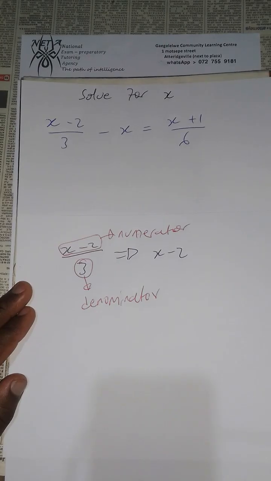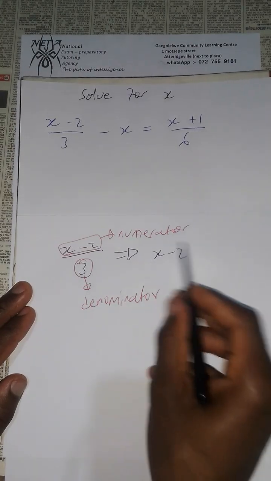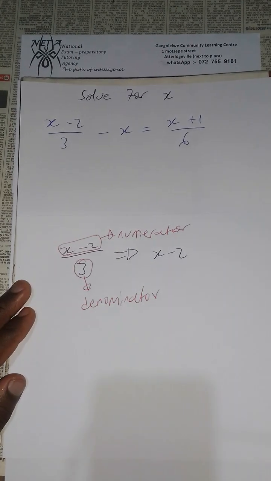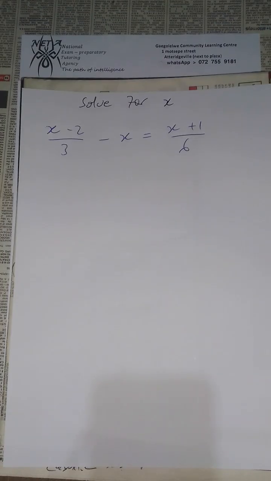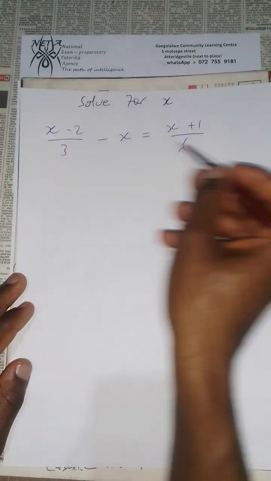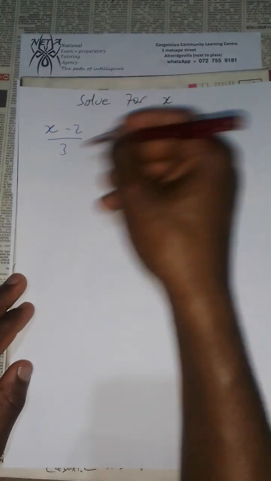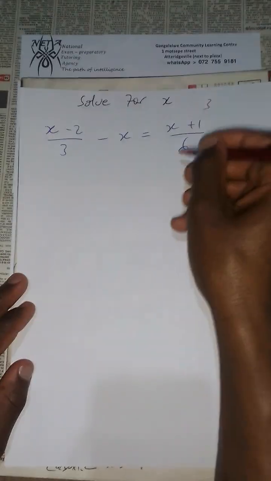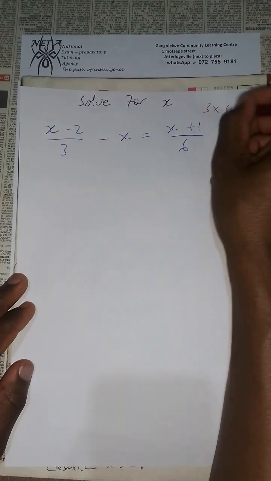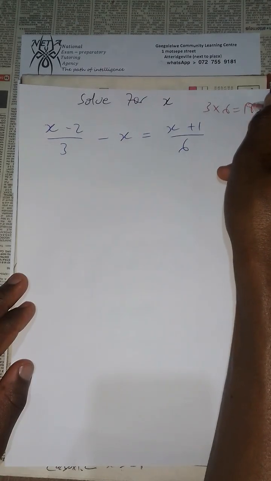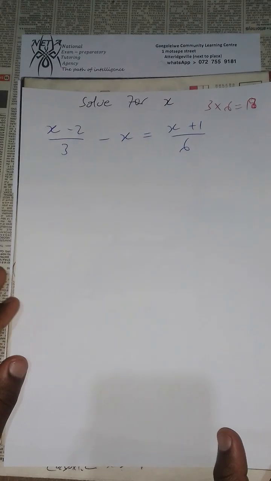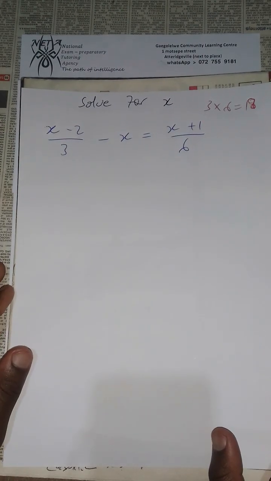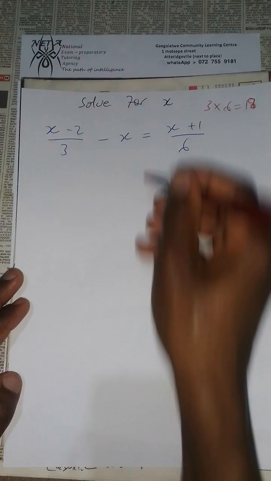And once the denominator is the value of 1, we are just going to be left with our numerator. Now, how do we do this? We do this by multiplying our denominators. We're going to say this 3 multiplied by this 6, which is 18. This is the 18 that we're going to use to break our fractions so that our denominator is dissolved to the value of 1.